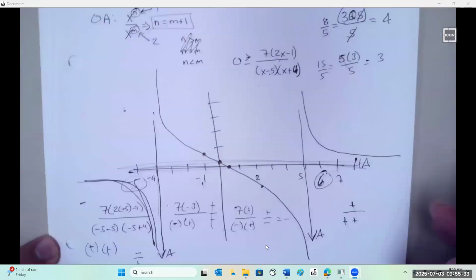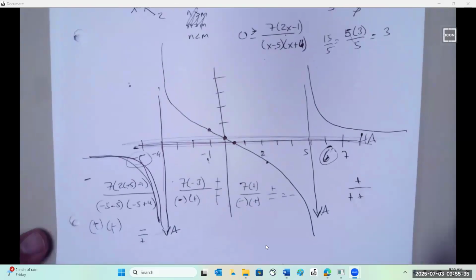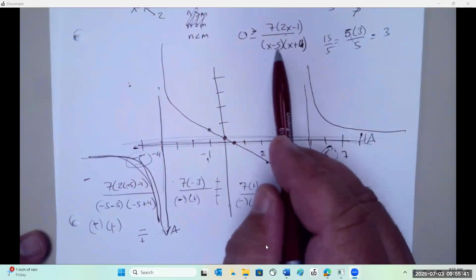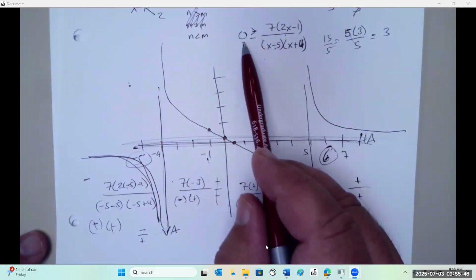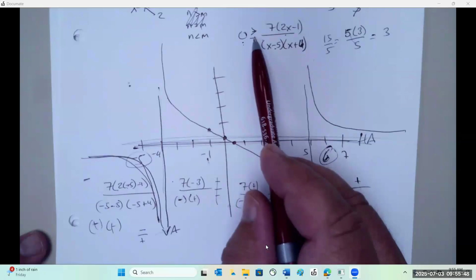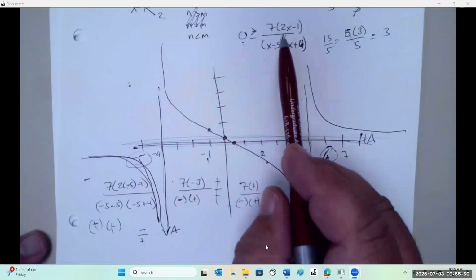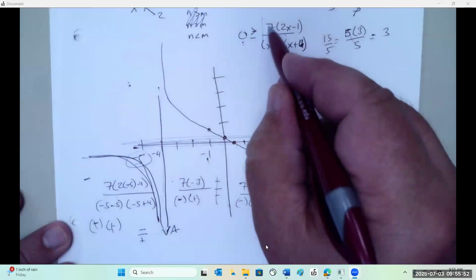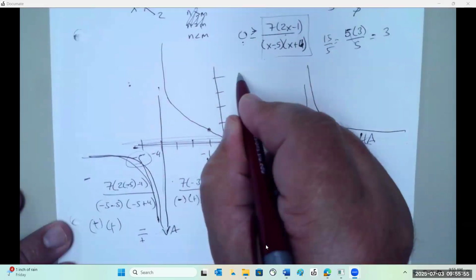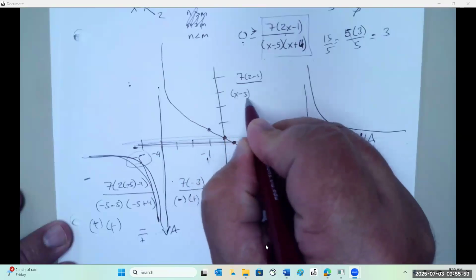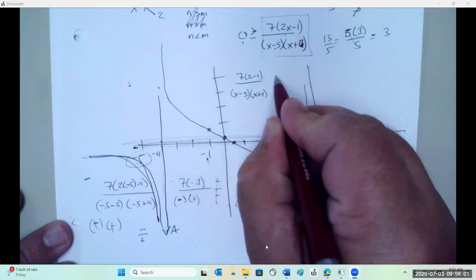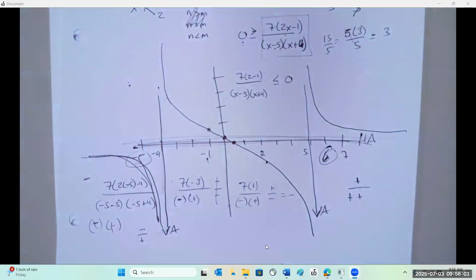So what are we looking for? Above or below? Look at this again. If you read this, how would you read this? 0 is greater than this. So this has to be less than 0.